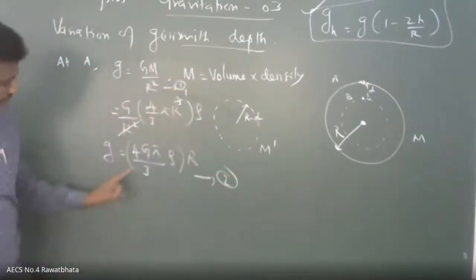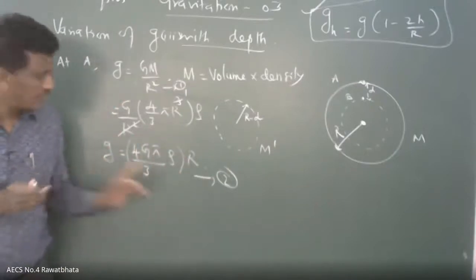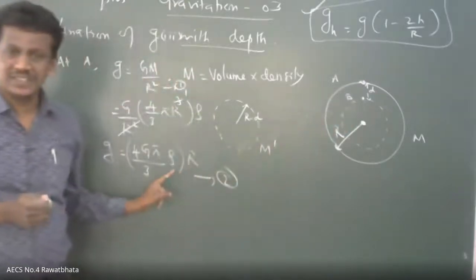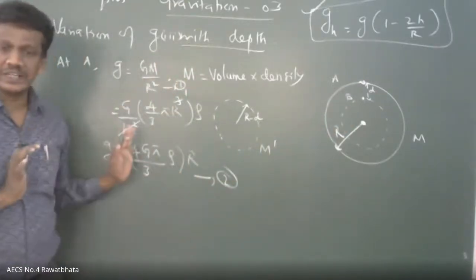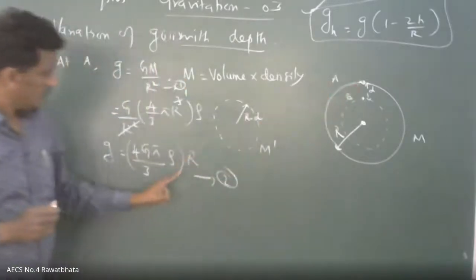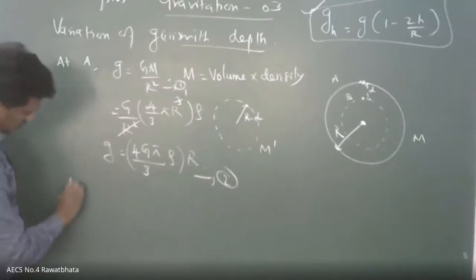Now whatever quantities are within the bracket are constant. So which one is variable? R. Only size is variable. So the M factor is not there. Now it becomes easier, a one-variable system. So at A, what is the radius? R. Next, what do you want?